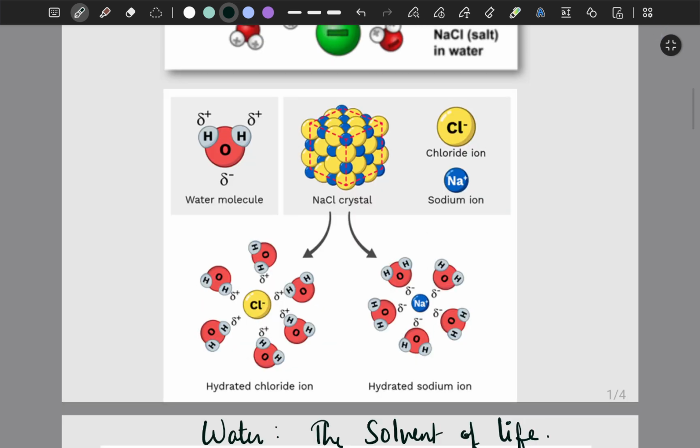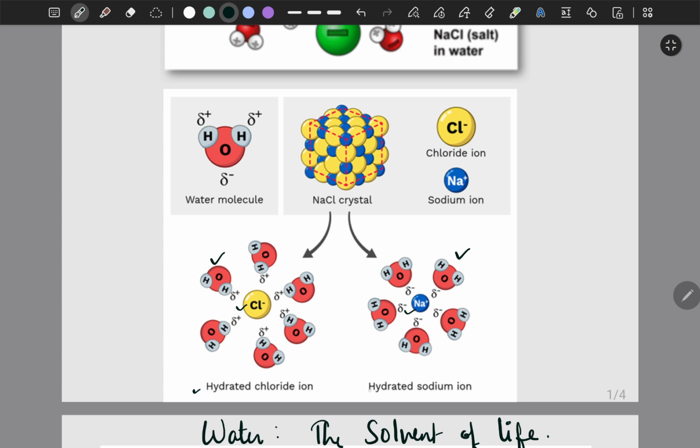So here you can see the water molecules surround the chloride and sodium ions, right? Separating and shielding them from one another. And the sphere of water molecules around each dissolved ion is the hydration shell.